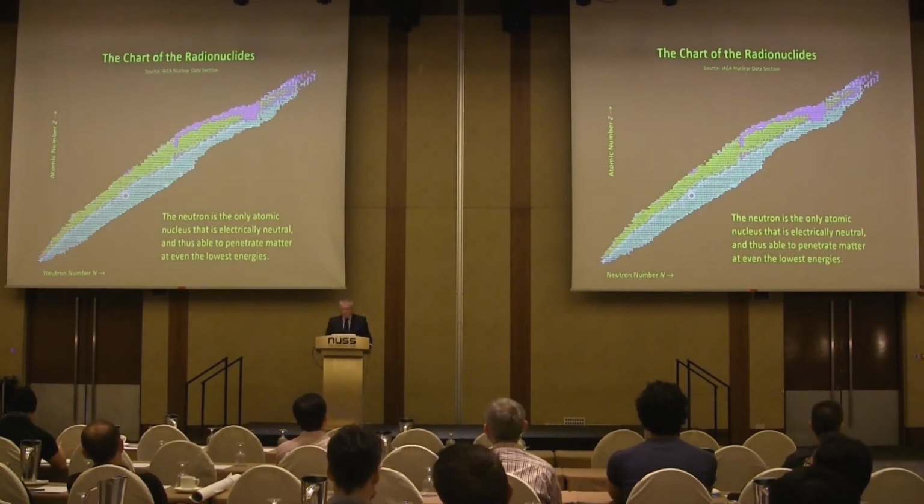And the neutron, on the other hand, being electrically neutral, can penetrate any nucleus without hindrance. So even at thermal energies, a neutron will go right into any matter whatever, and be completely unaffected by electricity, by electromagnetism.